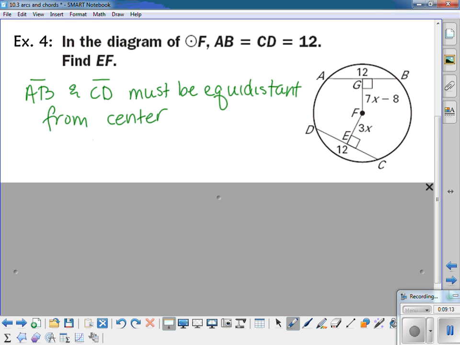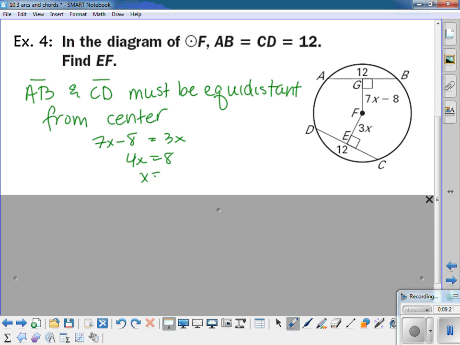So that means that 7x minus 8 would have to equal 3x. We get that 4x is equal to 8, and so x equals 2. And then plugging it back in, EF is going to equal 3 times 2, or 6 units.